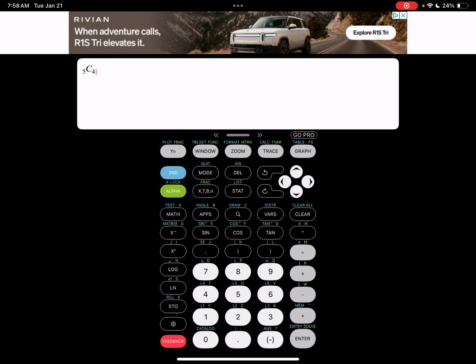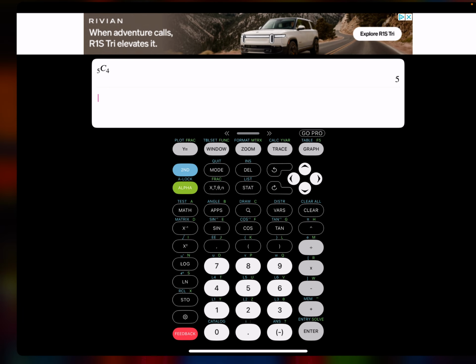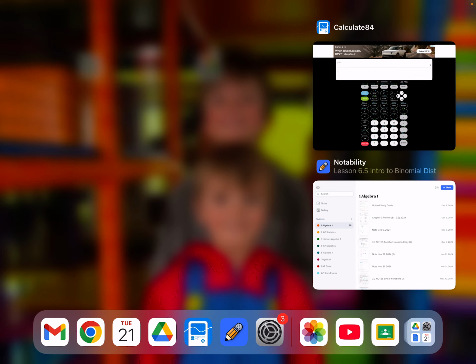It should look like that. If you have an older calculator, it's not too much more difficult, it's just going to look a little different. Let's hit enter, and it gives me the number of ways that I could get 4 successes out of 5 trials. So there's the 5. You're going to want to utilize that today.